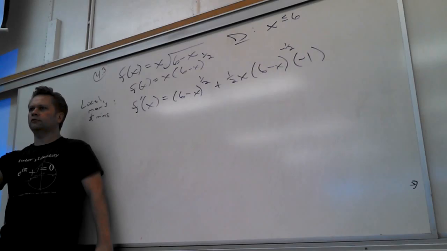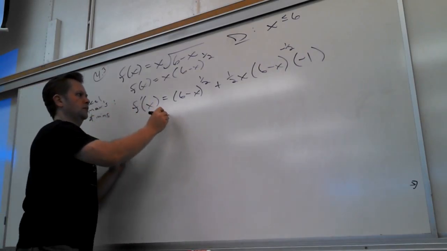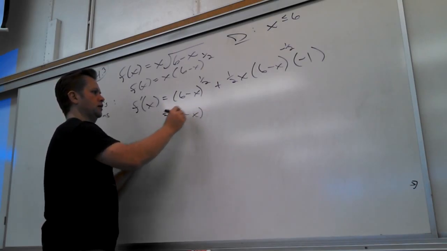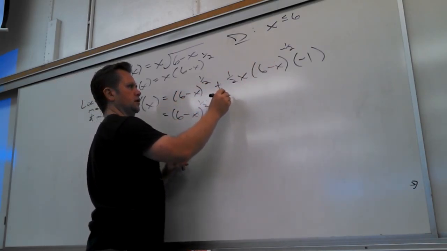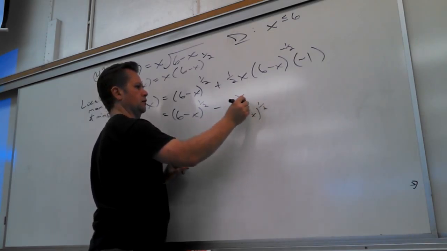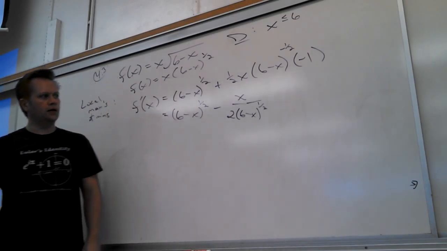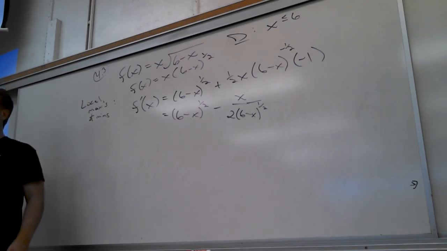This is a really good example of how important algebra is. So I get 6 minus x to the 1/2, minus x over 2 times 6 minus x to the 1/2. There's kind of two ways to proceed here. You guys cool with that so far?